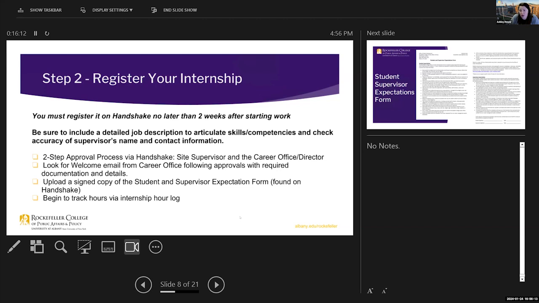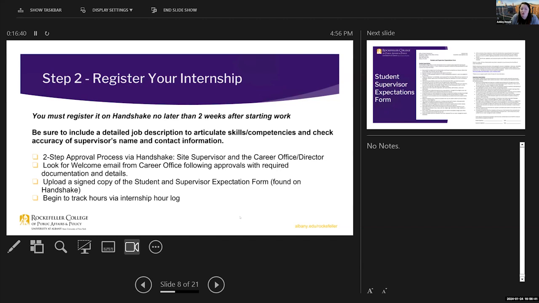This whole approval process is a 2-step approval process. The first approval is our office, myself, and the second approval is the internship site supervisor. Okay, so once I approve it, after it's been discussed and reviewed, then it goes on to the site supervisor to approve. From there, you will then receive a welcome email from our main office, with the required documentation and additional details.